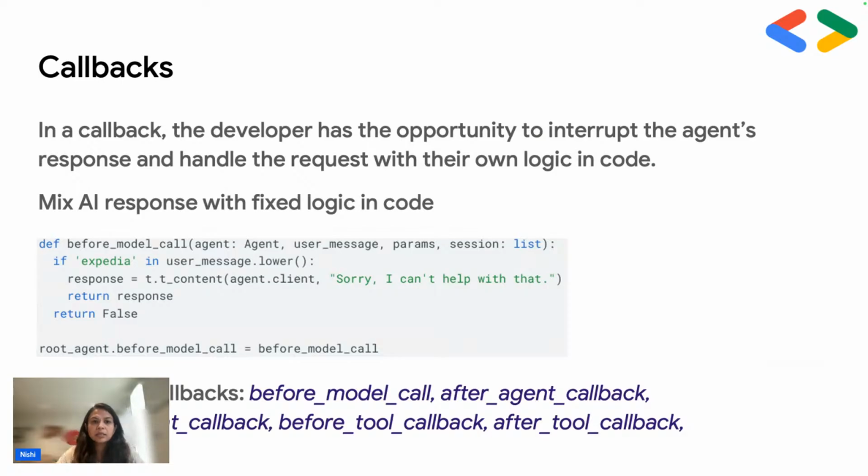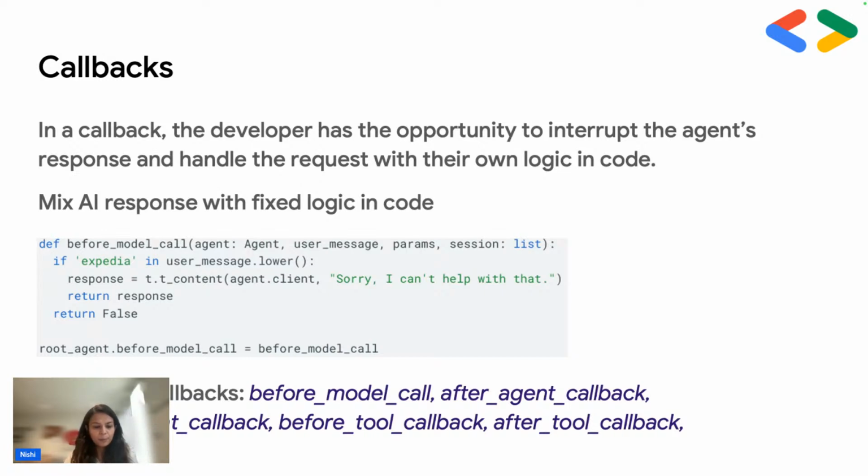Then this is another important feature which ADK provides, which is callbacks. Callbacks are very important because there are certain steps which you would want to execute before your request goes to your LLM, or once you receive a response from the LLM. You want some deterministic steps to be executed. A very good example for this is guardrails.